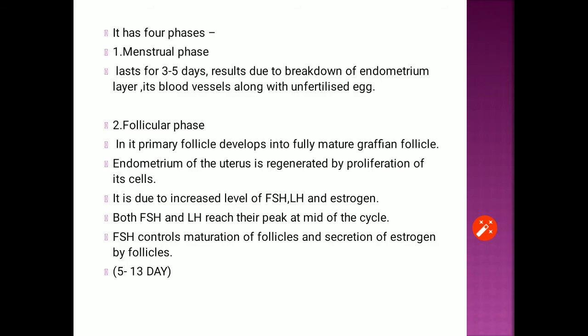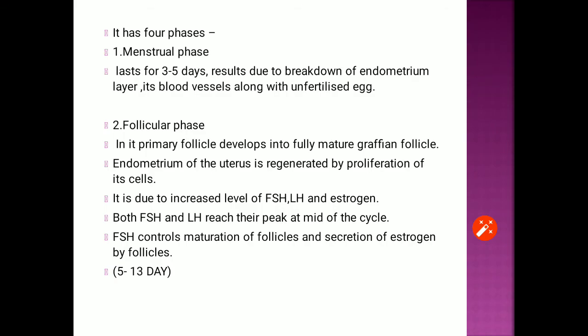Second is the follicular phase. In it, the primary follicle develops into a fully mature Graafian follicle. The endometrium of the uterus is regenerated by proliferation of its cells. It is due to increased levels of FSH, LH and estrogen.